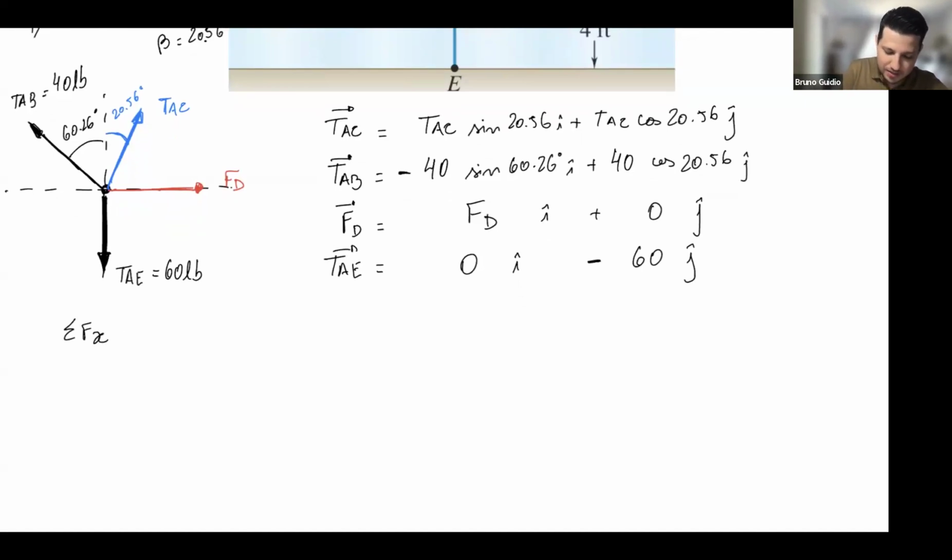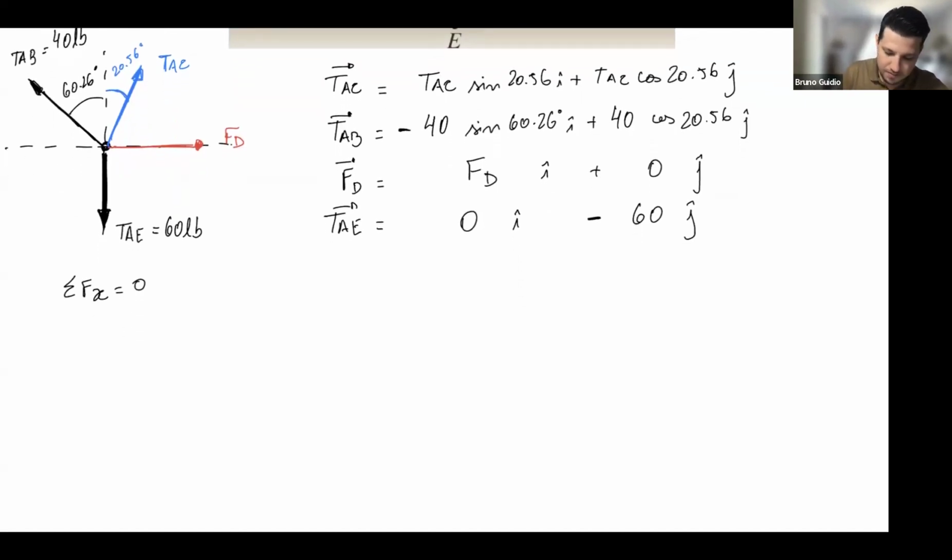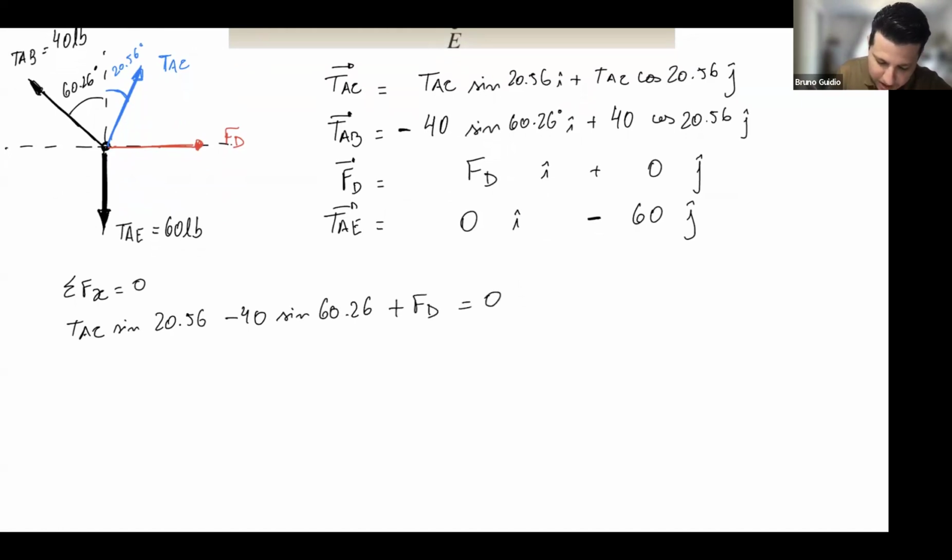Sum of the forces in x: TAC sine 20.56, minus 40 sine 60.26, plus FD should be 0. Sum of the forces in y: TAC cosine 20.56, plus 40 cosine of 60.26.